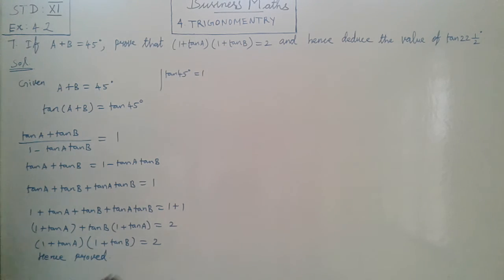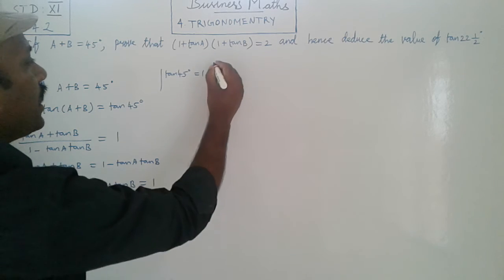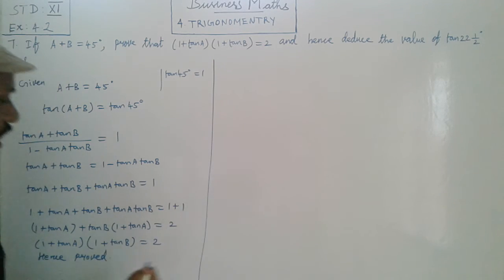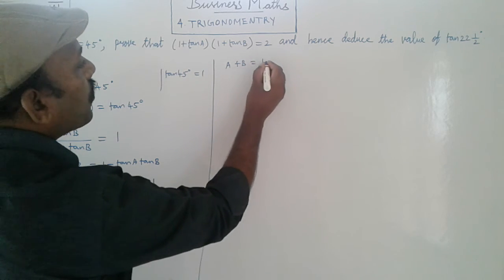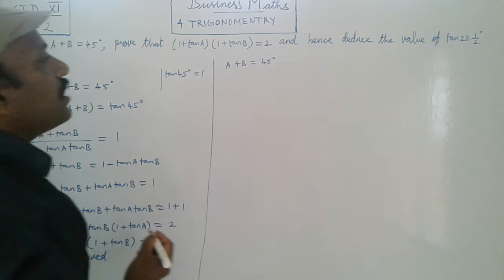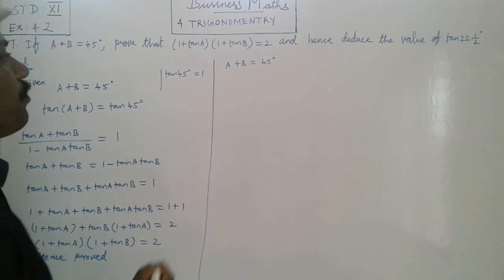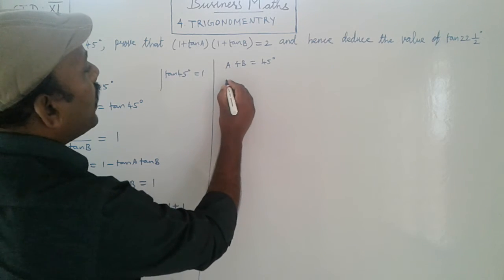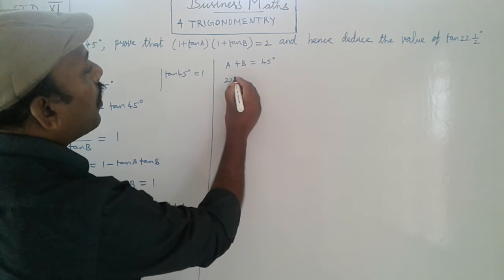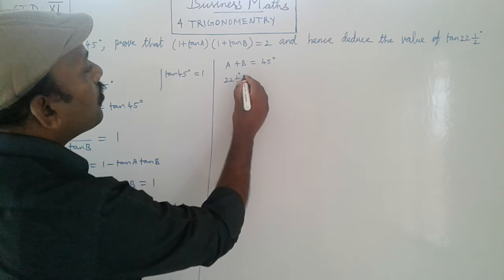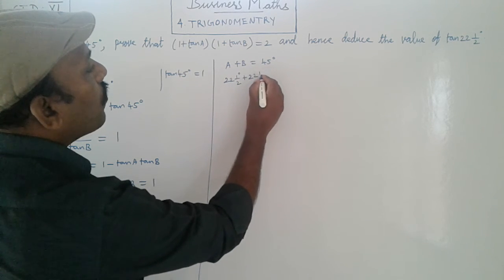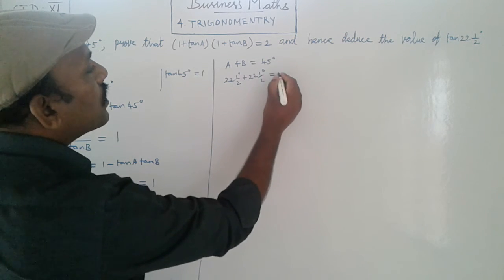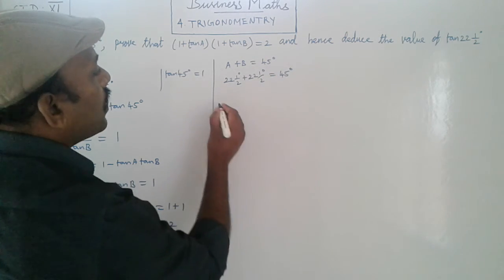Next we should find out tan 22.5 degrees. We know that a plus b equals 45 degrees. So a is 22.5 degrees plus b also 22.5 degrees gives 45 degrees.